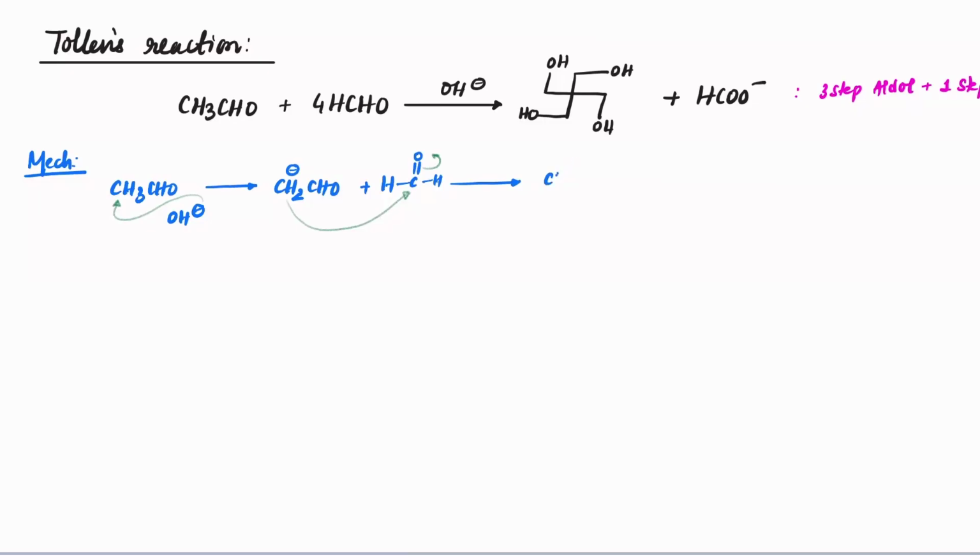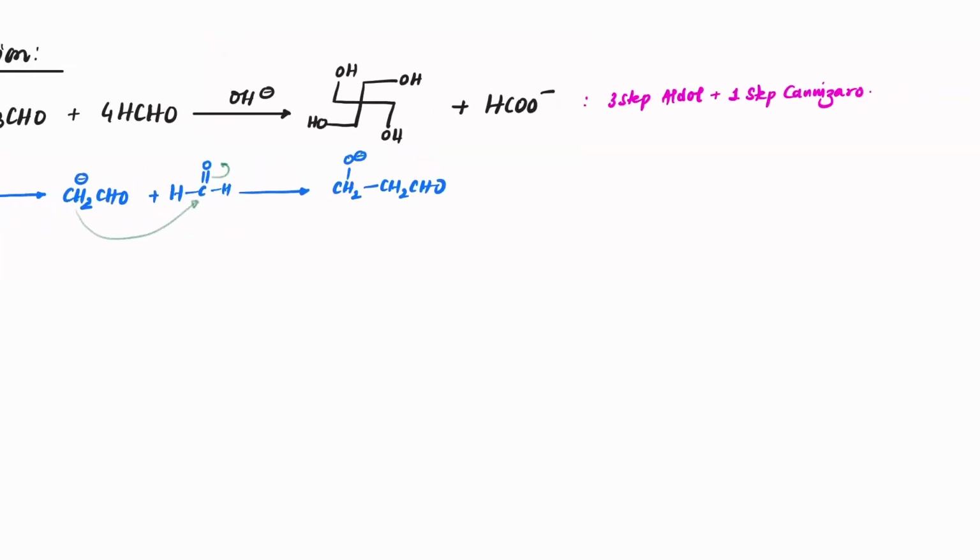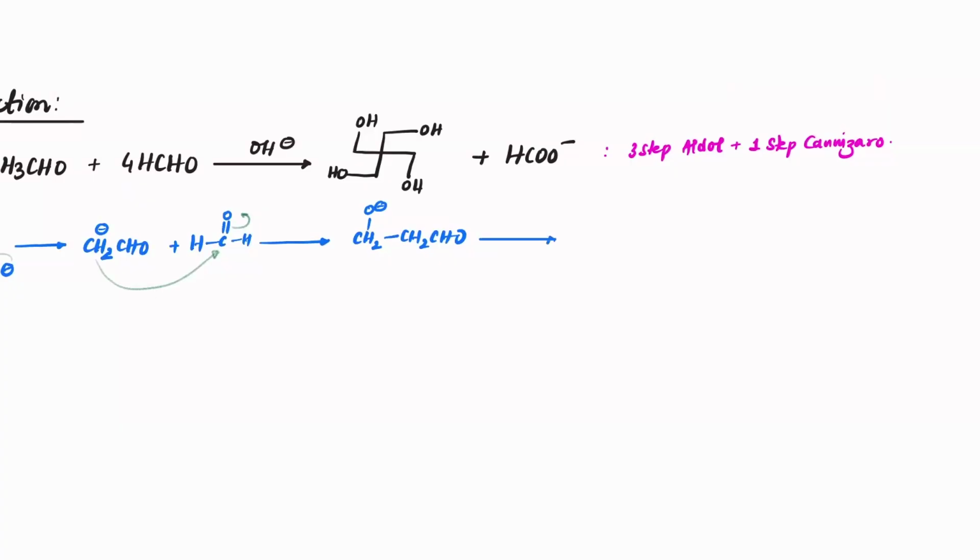So we will get CH2O minus that will connect with CH2CHO. Right, sorry. So on hydrolysis, this will convert into CH2OH and then we have CH2CHO.